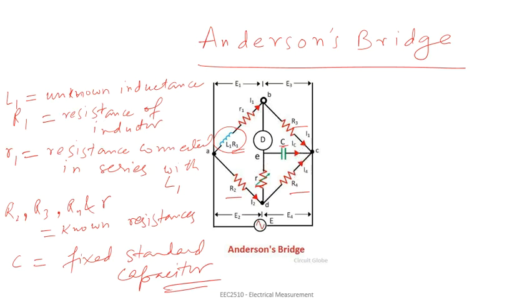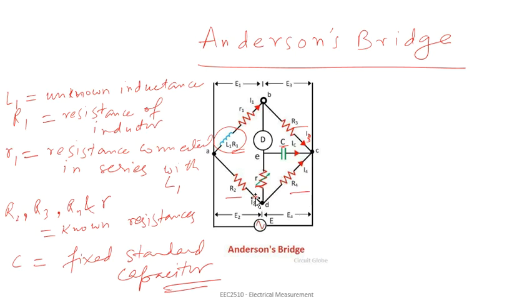This is the I3 which is flowing in this branch; although it is shown as I1, you can correct it to be I3. So at balance condition, I1 should be equal to I3 and I2 should be equal to IC plus I4. You can see in the circuit that this is I2, this is IC, and this is I4, so I2 must be the sum of these two currents.